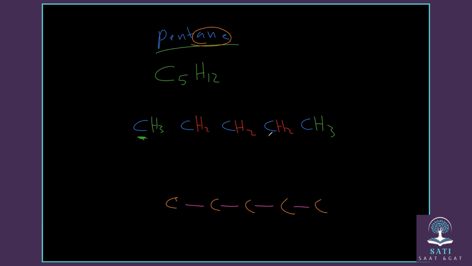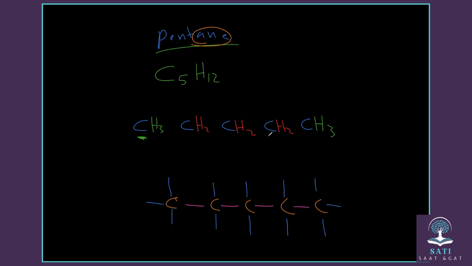Good. And remember now, each carbon atom has to have 4 bonds. If we are talking about the first carbon atom here, it has 1 bond with the carbon atom on its right. That means it should have 3 more bonds. Okay, what about the second carbon atom? It has to have 2 more bonds. Now it has 4 bonds. This one has to have 2 more bonds. And this one has to have 2 more. And the last one has to have what?